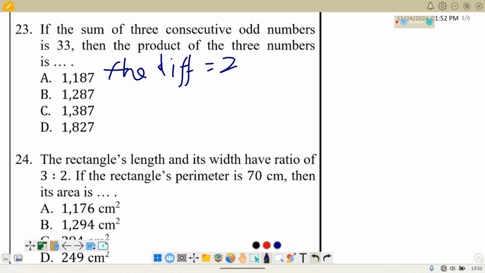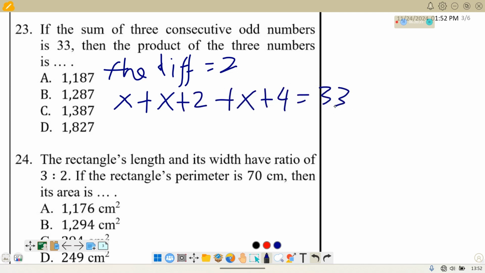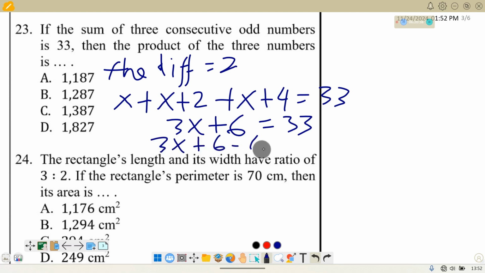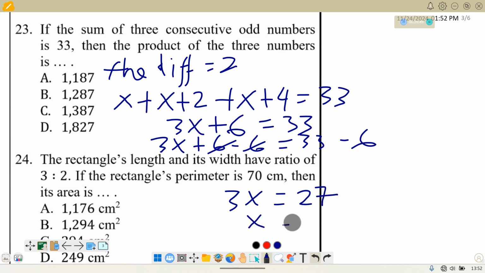So we can make it, if the first number is x, so x plus 2, x plus 4 equals 33, and x plus x plus x equals 3x plus 6 equals 33. Then we're going to cancel 6 by adding negative 6 on both sides, and then the remaining is 3x equals 27, and x equals 9.